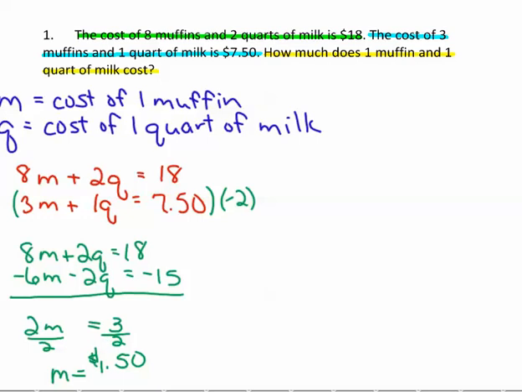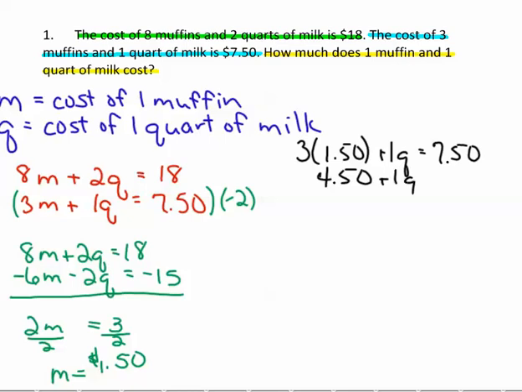So now that we have that information, we can go back to one of our original equations and solve for q. And because the second equation is going to reduce my amount of calculations, I'm going to use that. So we're going to have 3 times m, and in this case m is $1.50, plus 1q equals $7.50. So when I multiply 3 times 150, I'm going to get 450. I'm still thinking money, so I'm going to keep that decimal.